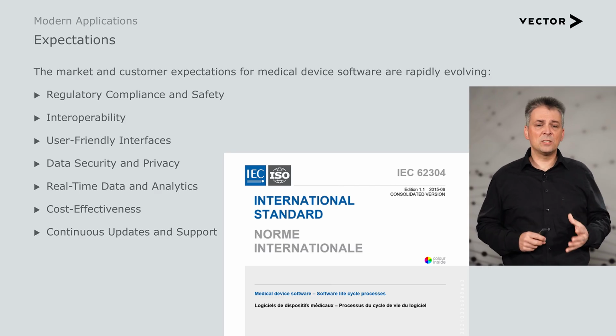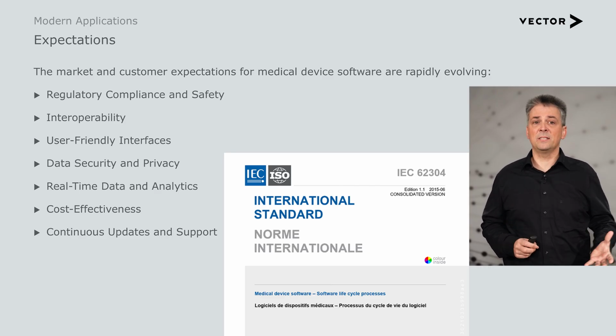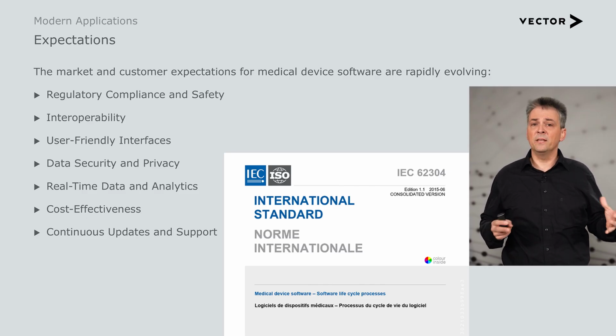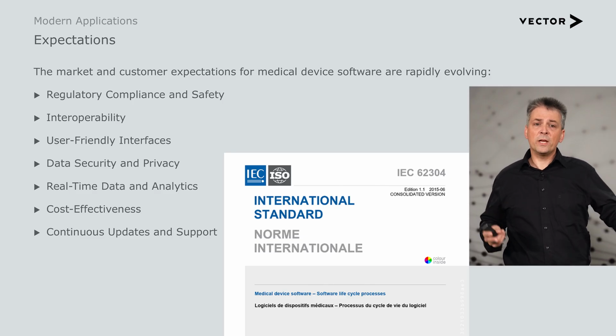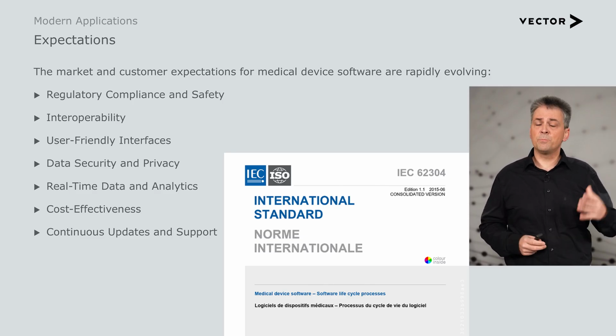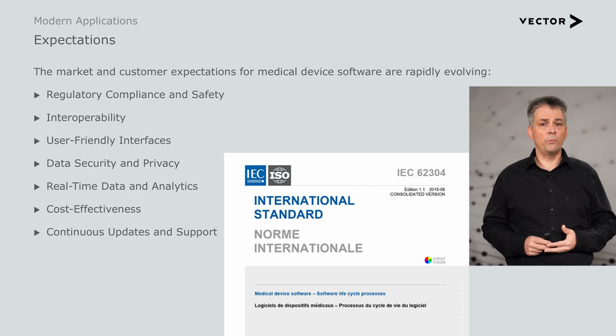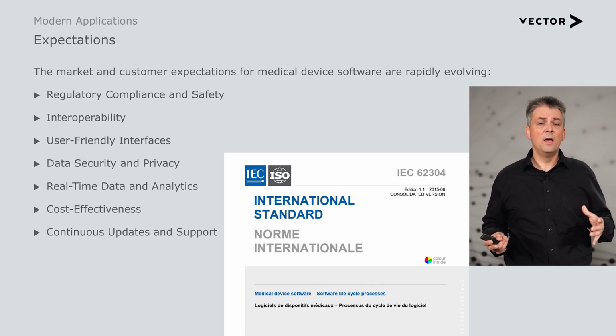And this doesn't stop when we talk about medical devices. The market and customer expectations for medical device software are also rapidly evolving in this environment. You have the request for regulatory compliance and safety, especially with the IEC 62304, the international standard for medical device software.